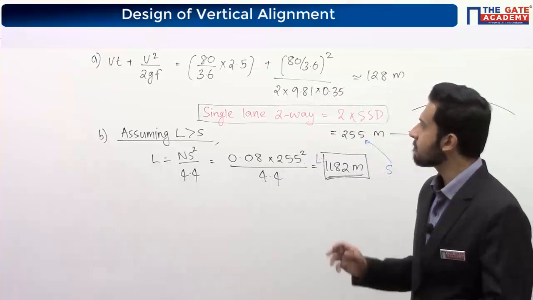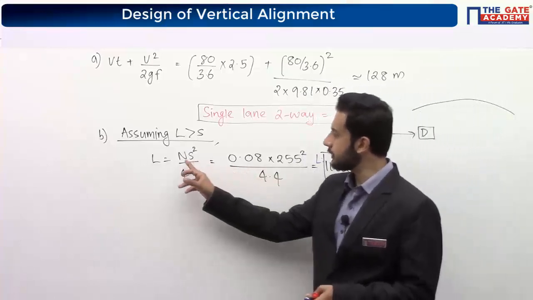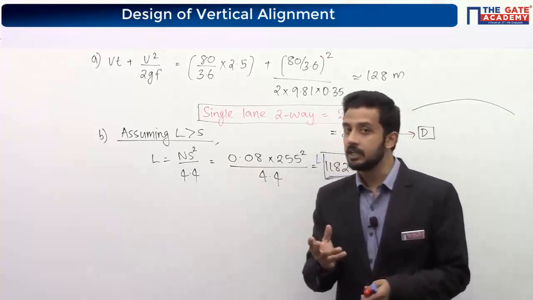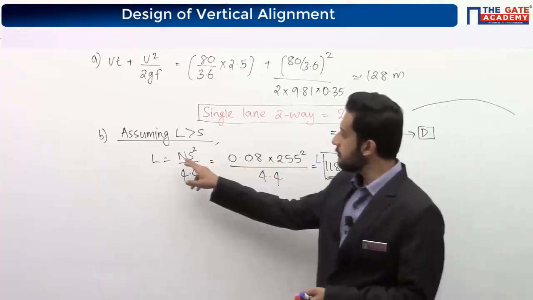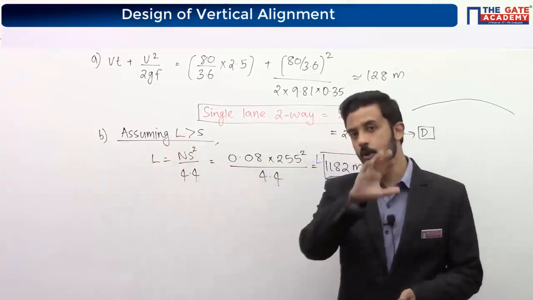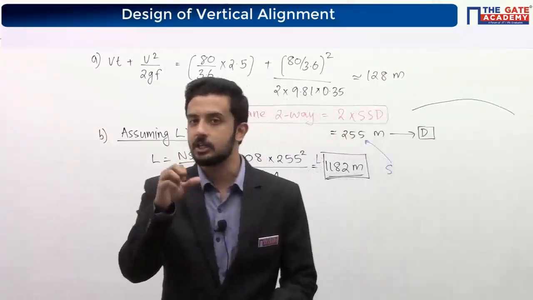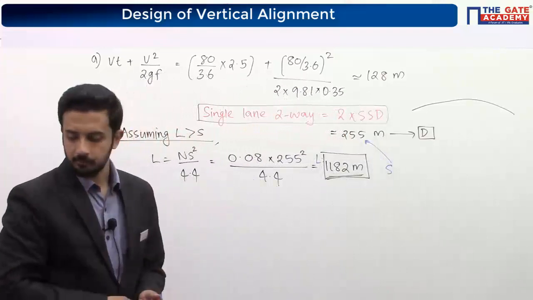Why? Because first of all, in the equation there is a term n. What is this n? N is nothing but the deviation angle. While I am taking the n in the equation of length of summit curve, I am already taking the gradients into consideration. That is one thing.